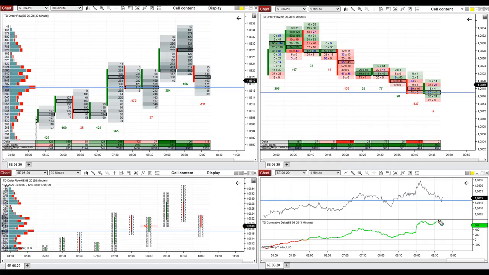Now there is a sort of divergence on the delta. Price is going downwards, but the delta is not really going downwards. The general direction is upwards, so this is positive news, but I would still prefer to see a confirmation around the level on this bid-ask chart.